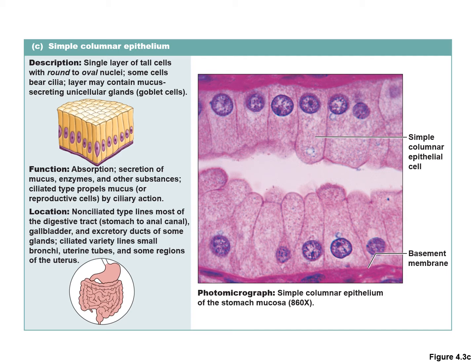But if we really want to pick one very important location for simple columnar, that will be our digestive system, right? So here, digestive tract. And on this photomicrograph, you can see that's our basement membrane over here, right?